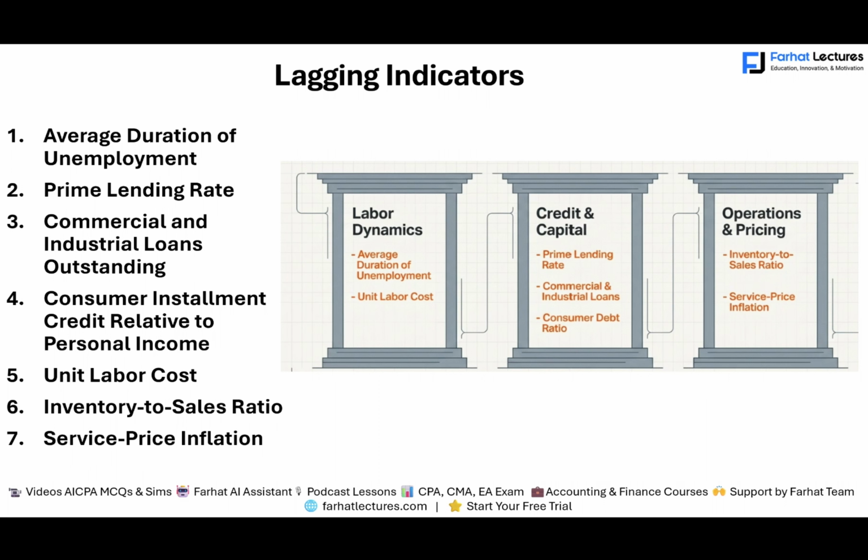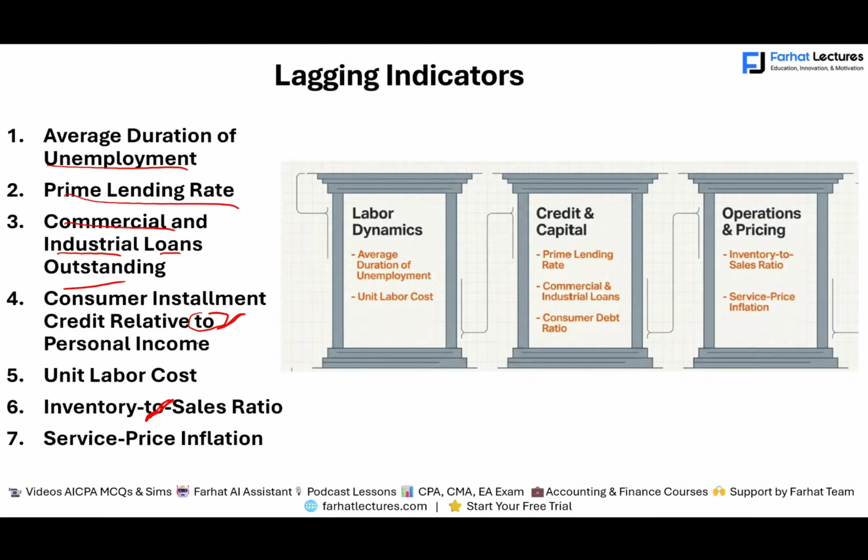And what are they? Average duration of unemployment, prime lending rate, commercial and industrial loans outstanding, which is loan balances, consumer installment credit relative to personal income, divided by personal income, unit labor cost, inventory divided by sales, and service price inflation.